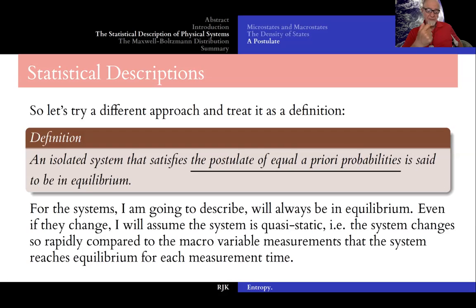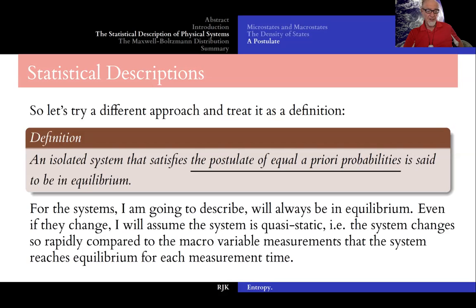So whatever the time difference between measurements, the system can evolve so quickly that it will always be in equilibrium by the time we do another measurement. So that's the kind of systems I'm dealing with, what I'm calling quasi-static.